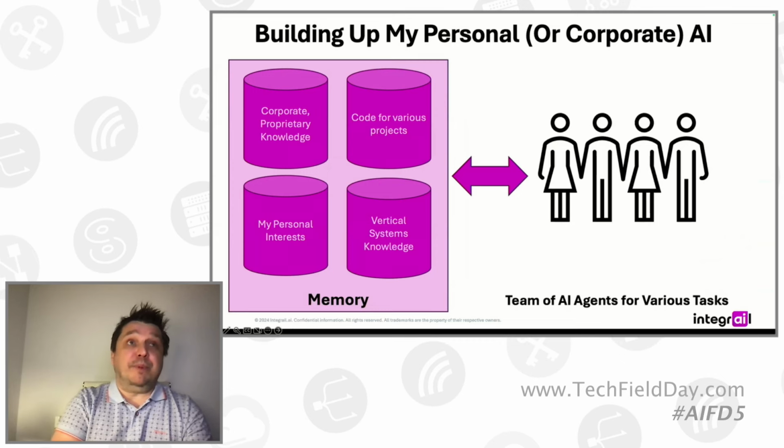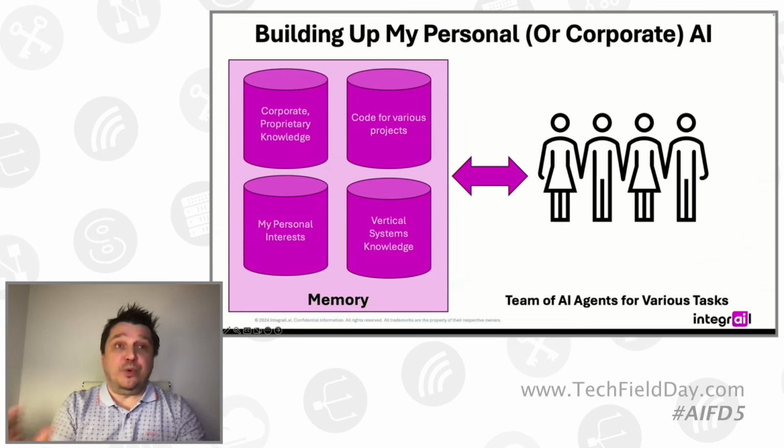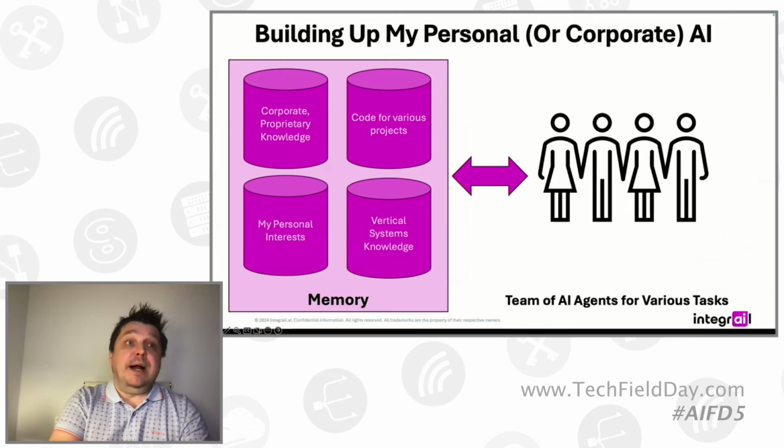So one part of building our super cool AI, my AI that knows me, my preferences, or my corporation and its proprietary knowledge, is building up these memory banks. Another is building teams of agents, as we discussed.